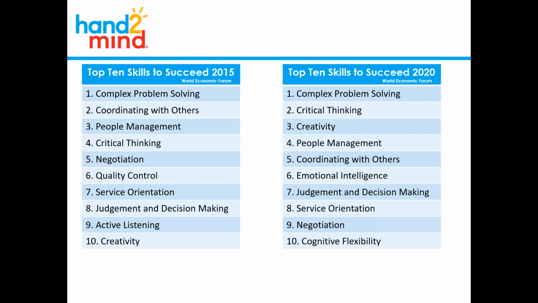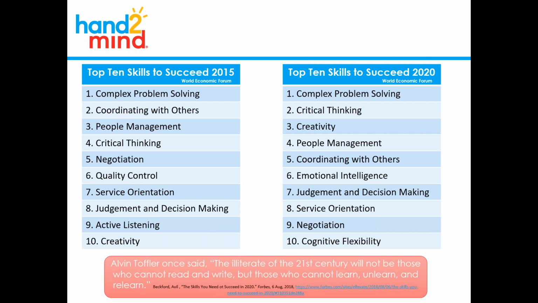And what we're trying to do is help them see themselves as mathematicians, and really nurture that mathematical mindset. I love what Toffler says here. He talks about how the illiterate of the 21st century will not be those who cannot read and write, but those who cannot learn, unlearn, and relearn.